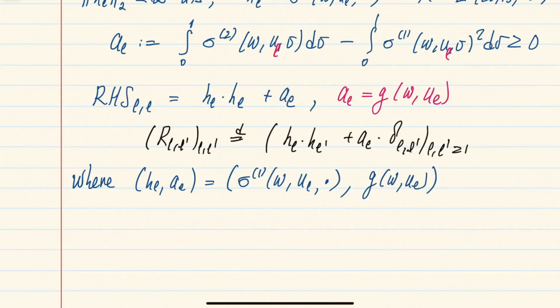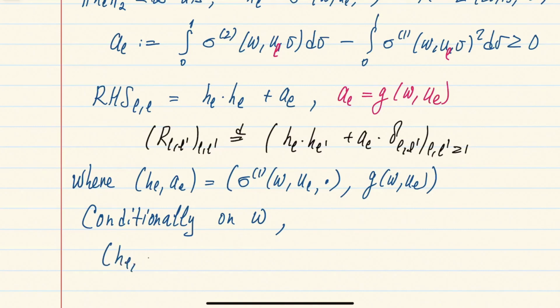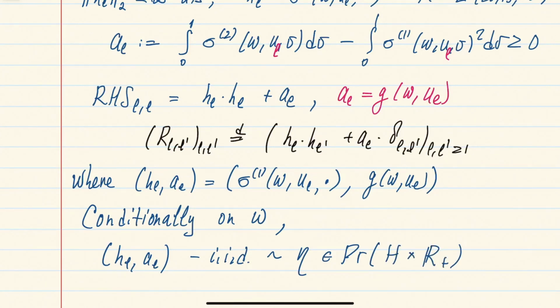And we can see here that if we fix this W, conditionally on W, this sequence is clearly an IID sequence from some probability measure on the product of the Hilbert space, or L2, and the positive half line.